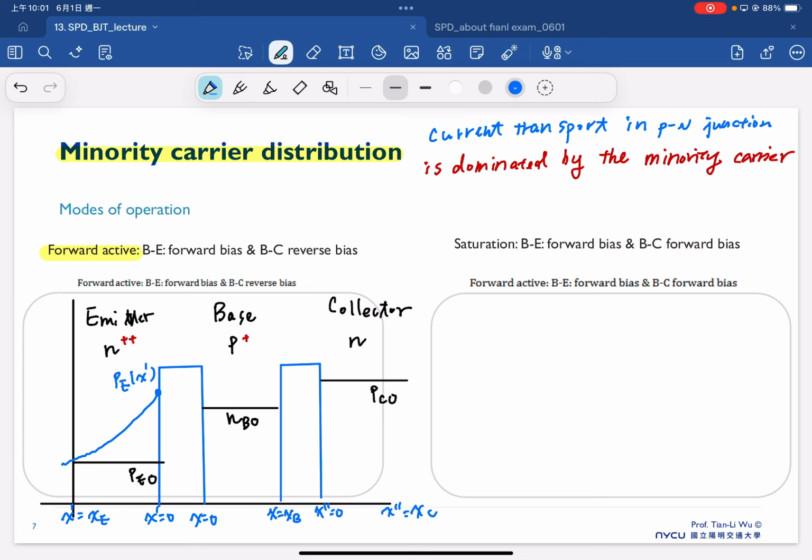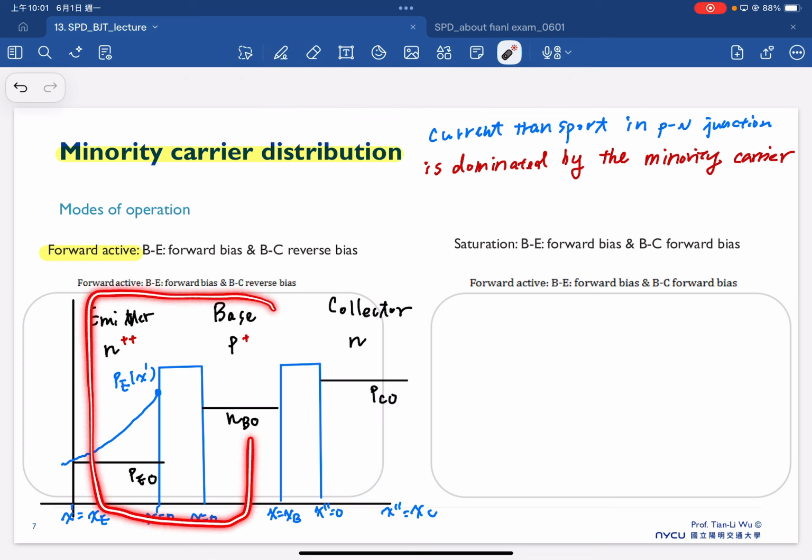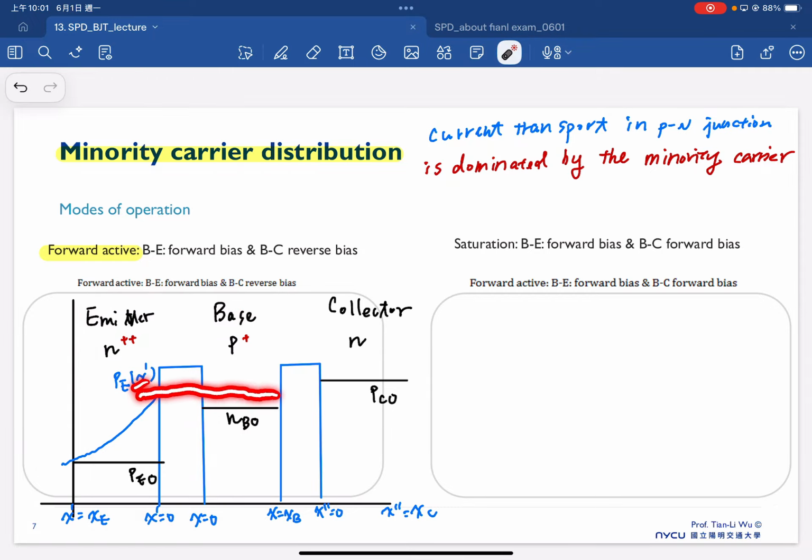So let me illustrate again. This junction is under the forward bias, and therefore the holes are able to be injected to reach the emitter side, which is the N plus region.